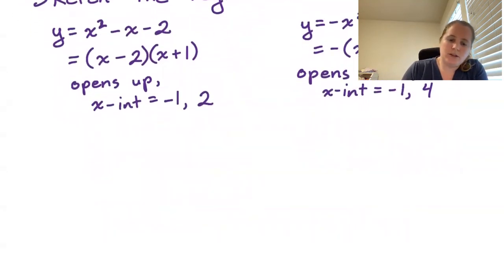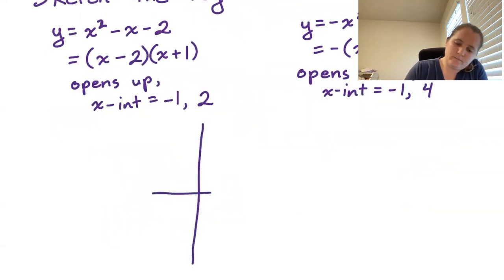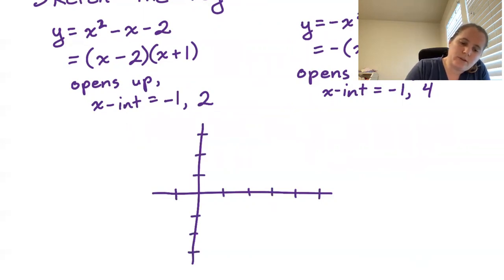So if we draw our picture, we'll do our first one in purple. So we have x-intercepts of -1 and 2, and we open up.